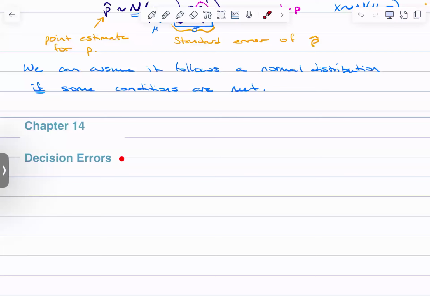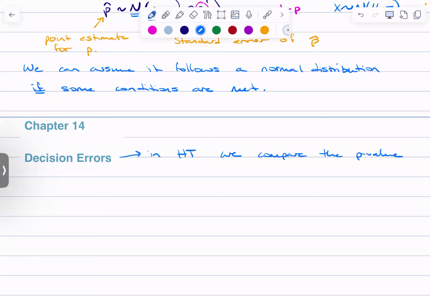Decision errors refers to hypothesis testing. In hypothesis testing, we use the p-value and we compare it to an alpha level. And if it's less than the alpha level, usually 0.05, then we reject H naught.